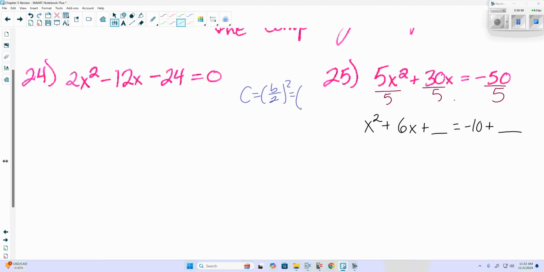Now, our value of b in this case is what? B is 6, because again, it's referring back to our ax squared plus bx plus c. So here, b is 6. More importantly, it's positive 6. Now, positive 6 divided by 2 is 3, and 3 squared is 9. So we're going to add 9 to both sides. We're going to plug that value of c in.